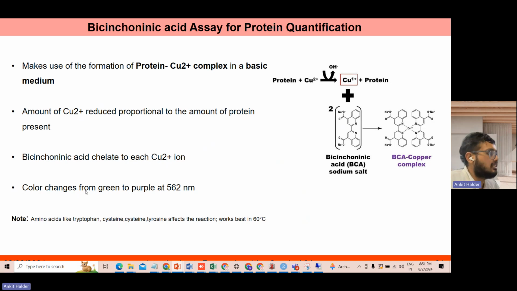The BCA salt is generally green, but it changes from green to purple, and it has its maximum absorbance at 562 nanometer. Residues like tryptophan, cysteine, and tyrosine affect the reaction, which works at 60 degrees Celsius.